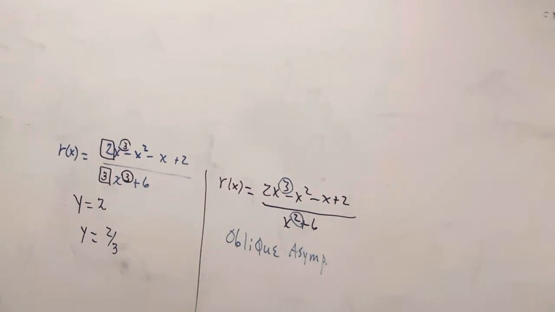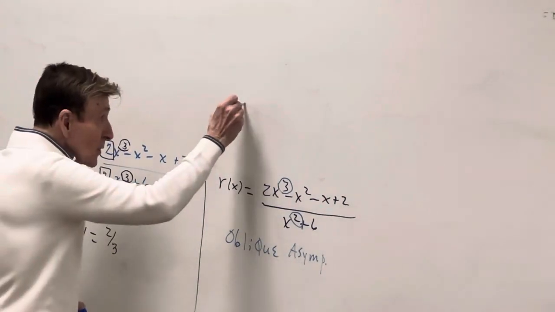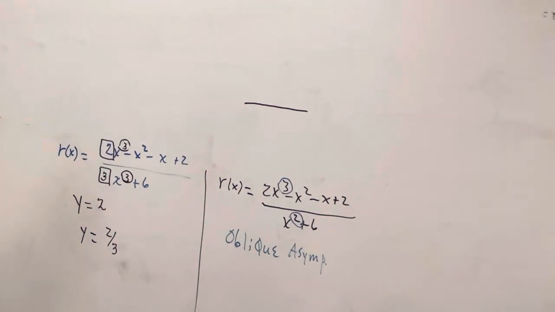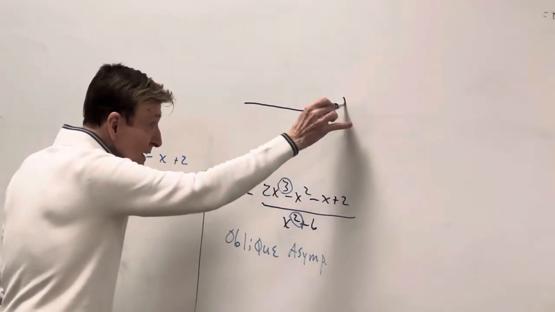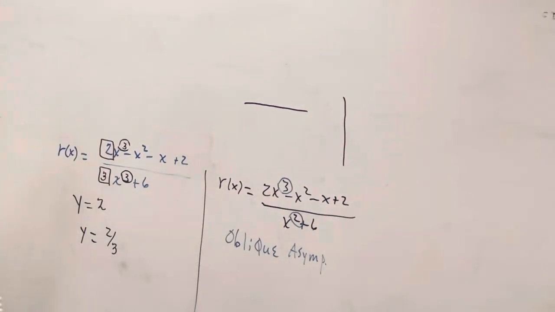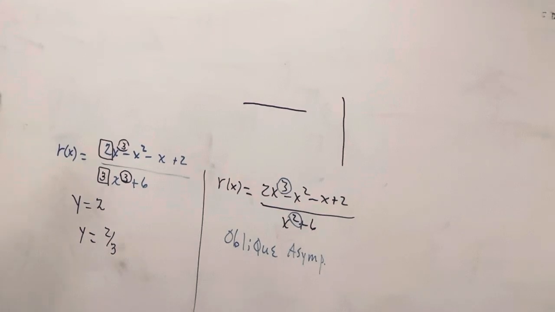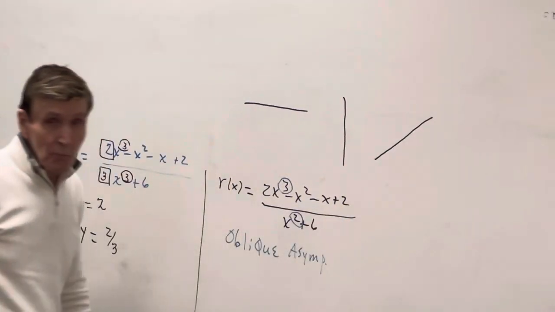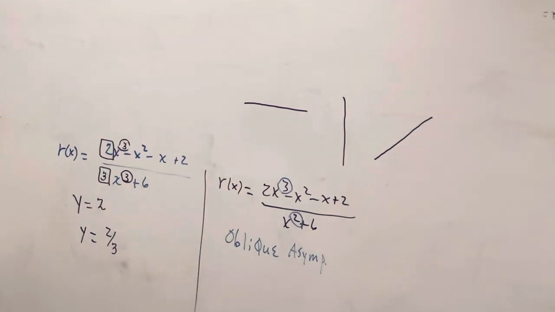Now, you say, Professor, what are you talking about? We did horizontal. I know what a horizontal line is. Vertical, I did yesterday. But what's an oblique? You said you're going to hold off until Monday since we have a test, but it happens in this case. Yeah, that's a diagonal. It's going to be acting as your asymptote.